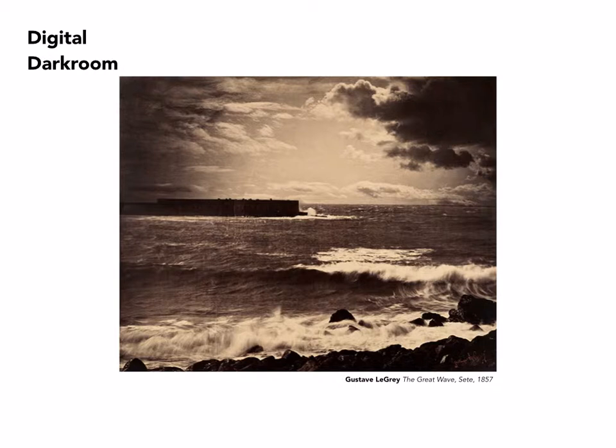The sky would have normally turned almost white because the early emulsions were very blue sensitive, and skies would often turn out absolutely white or very, very pale without any detail. And it was important to him in this particular image to show detail not only in the ocean but also in the sky. This required manipulation of the print in the darkroom.